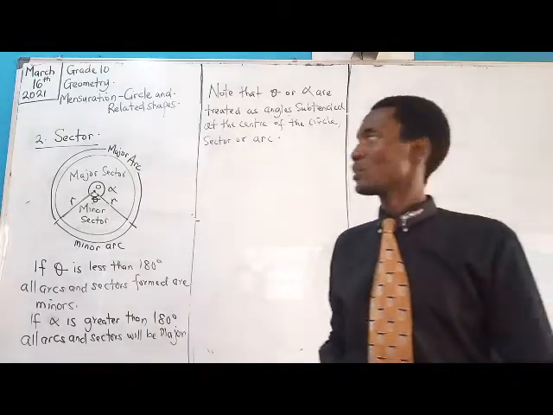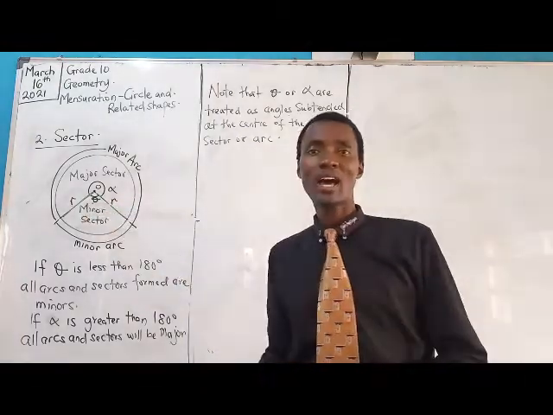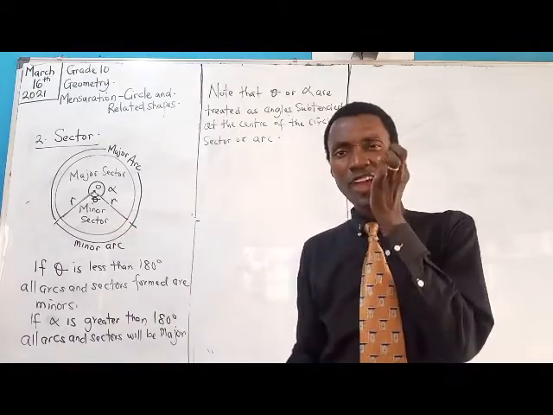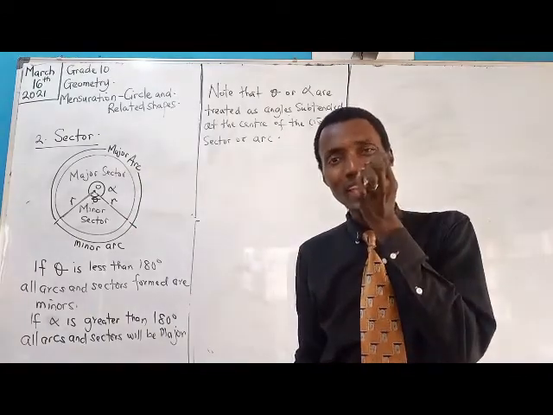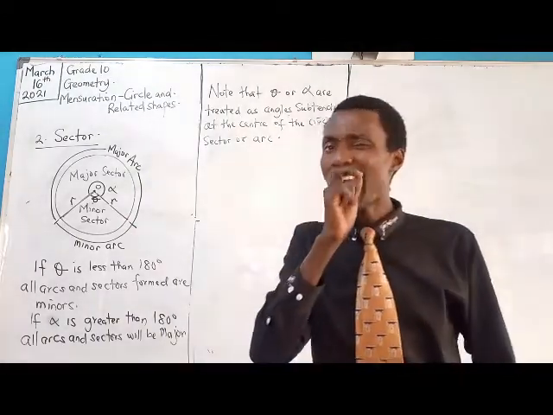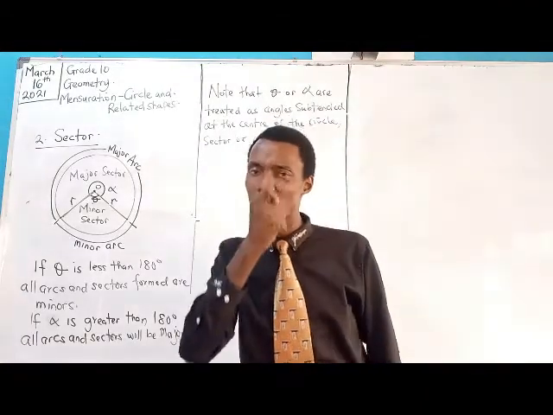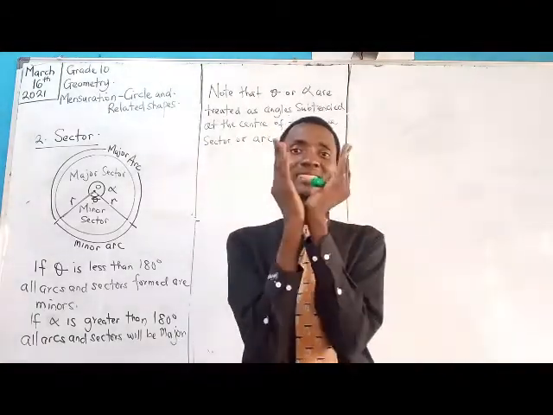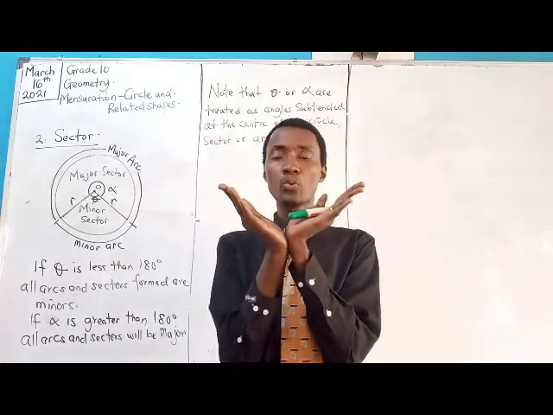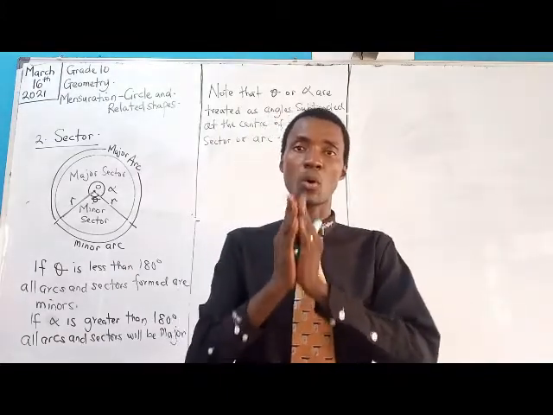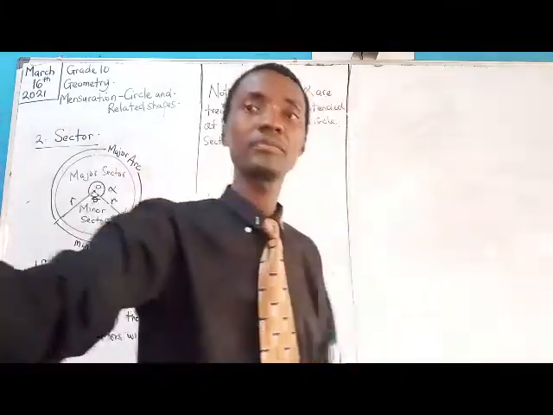Anytime you see theta and it's in this manner, or you see alpha, they refer to the angle subtended at the center. It is this angle that brings about the sector, and the size at which the angle opens up will determine the kind of sector or arc you're going to have.